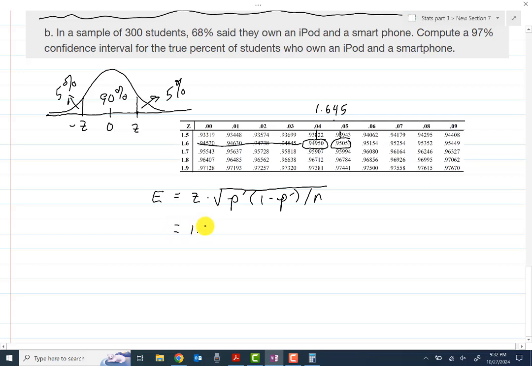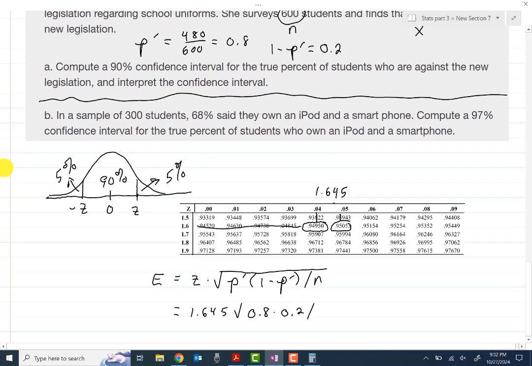So we have 1.645 times the square root of 0.8 times 0.2 divided by, what was our n again? Our n was 600?